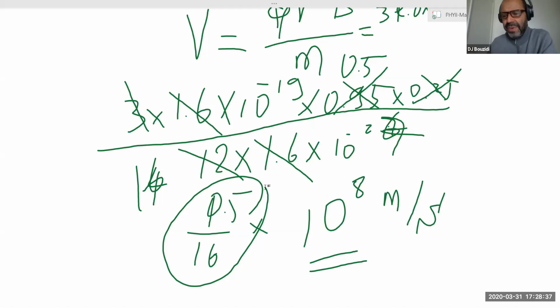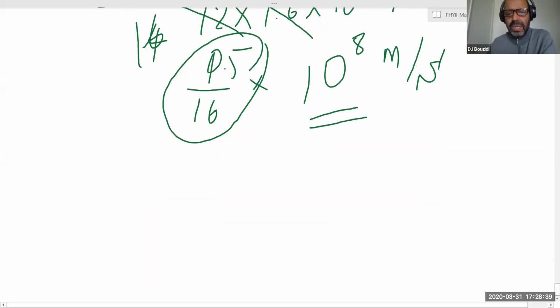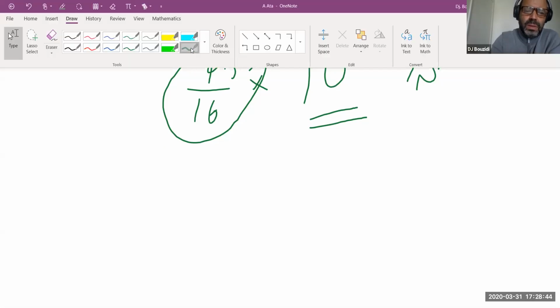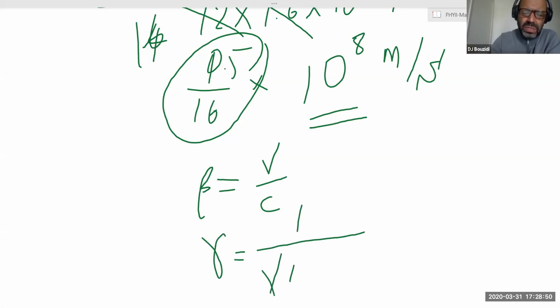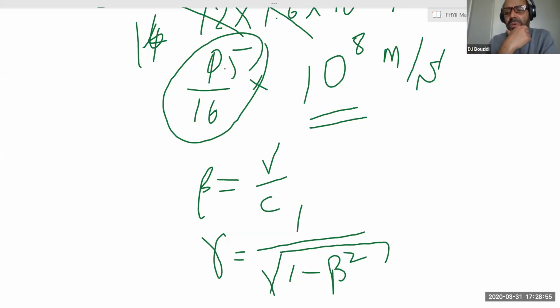As a matter of fact, I can find what the beta is by dividing this velocity by the speed of light and putting it in the expression normally used to find the relativity correction when you're dealing with high speeds. Remember, although we didn't take relativity, you have to be careful here. Make sure that you find meaningful numbers. This velocity has to be within that range.